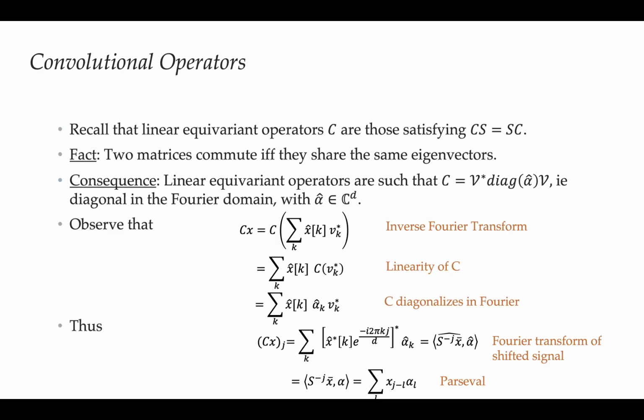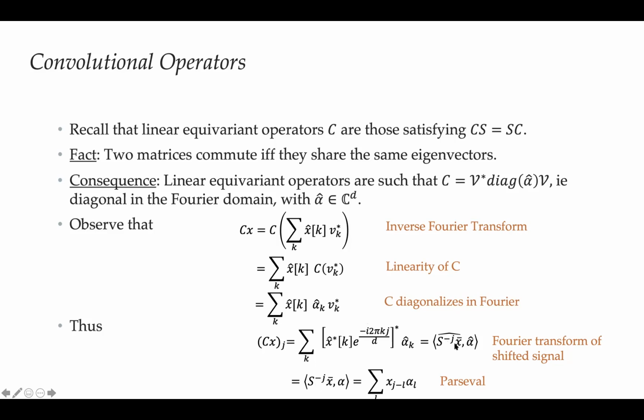All these identities are direct consequences of the definition of Fourier transforms. So in particular, the first one here is that I identify this sum as a dot product between two Fourier transforms: the Fourier transform of alpha, which is what I have here, and then something that looks like the Fourier transform of x, but not quite. It's the Fourier transform of a shifted and inverted signal. The conjugate of the Fourier transform is the Fourier transform of the shifted signal.